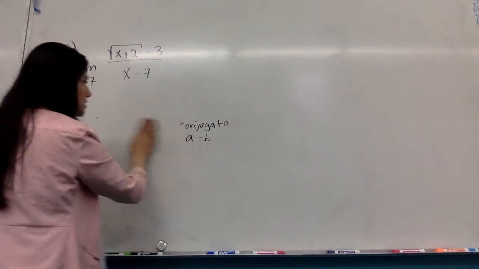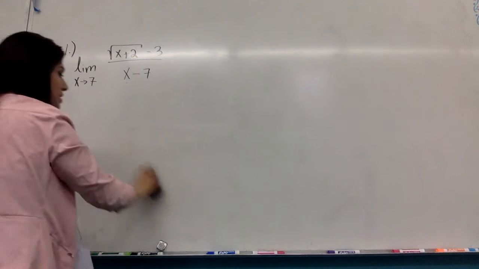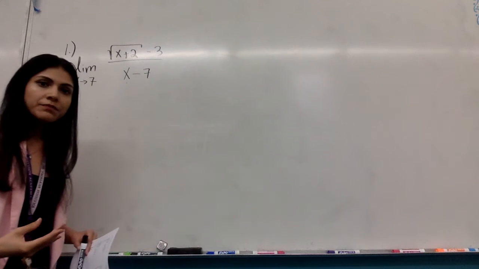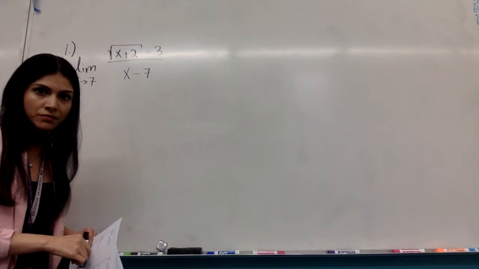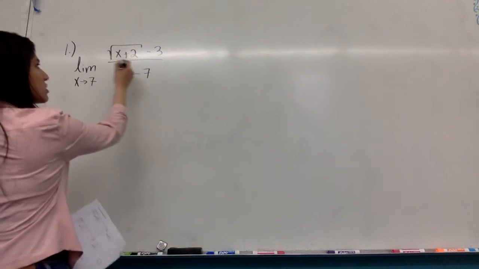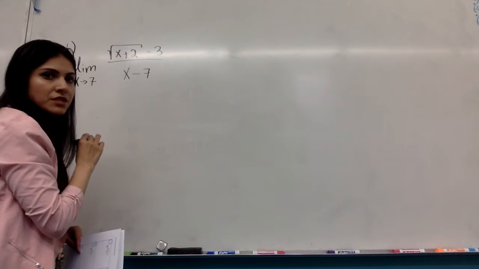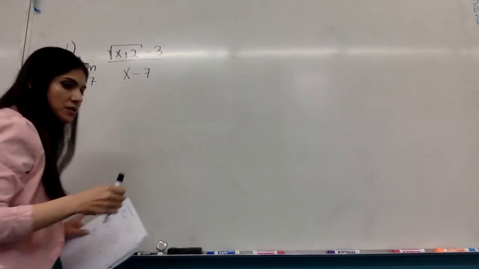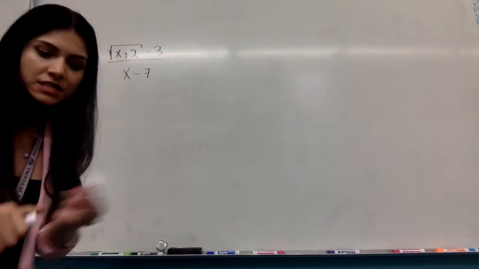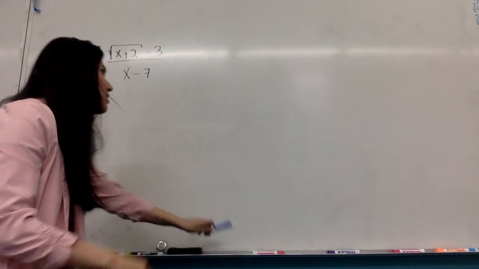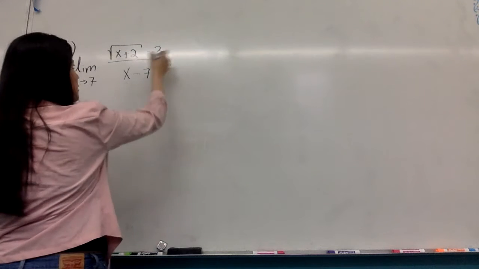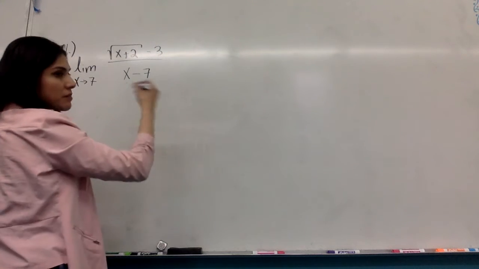Let me go ahead and erase. So we're going to be multiplying by the conjugate of the part of my expression that has the square root found in it. Because my square root is found in the numerator position, I'm going to be multiplying the top and bottom of this expression by the conjugate of that numerator part. So the conjugate of this, instead of a minus 3, it's going to be plus 3.